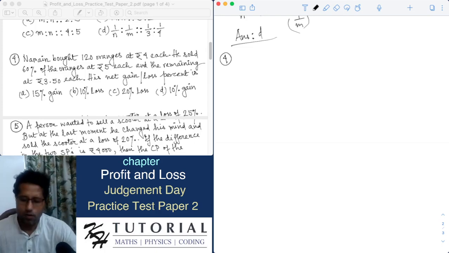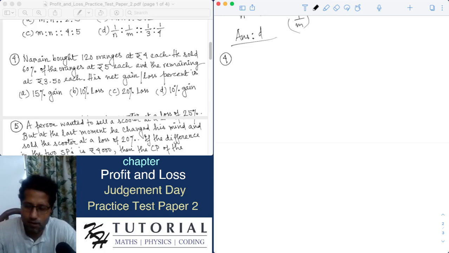So now, for finding the gain percent or loss percent, you can consider any number of units of the item for the cost price and the selling price, but that number of units has to be the same.